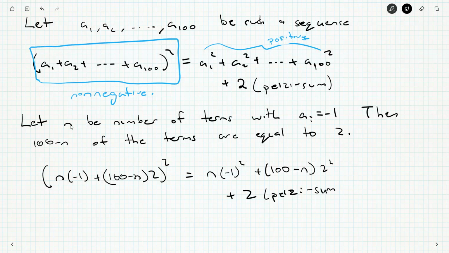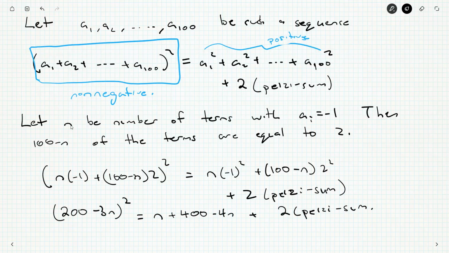Okay. So I can simplify this. This is 200 minus 3n squared is n plus 400 minus 4n plus twice the pairwise sum. And I can expand over here. 40,000 minus 1200n plus n squared.